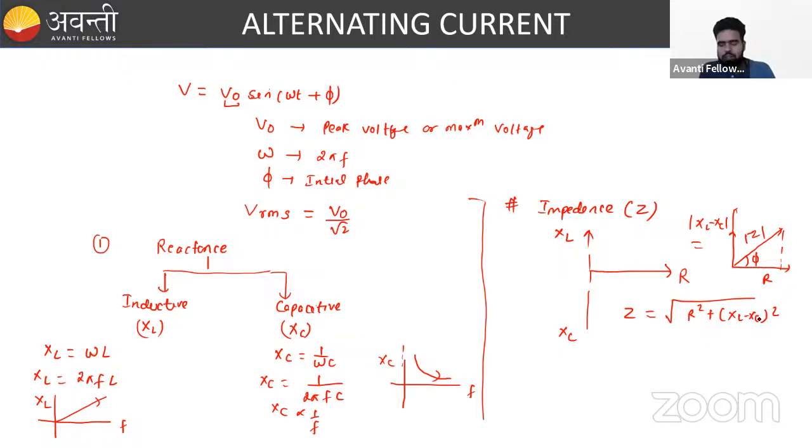One thing I also want to mention here is the phase. When we talk about a pure resistive circuit, the phase of current and the phase of voltage are the same. So that is case one: in a pure resistive circuit, voltage and current are in the same phase.